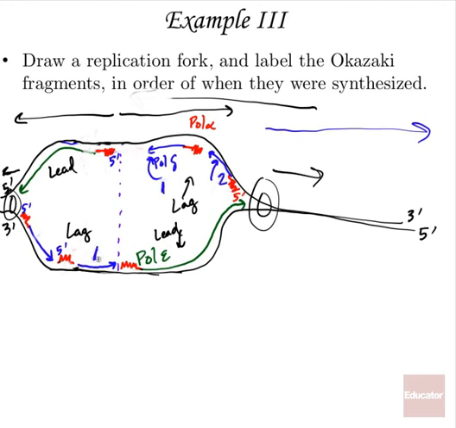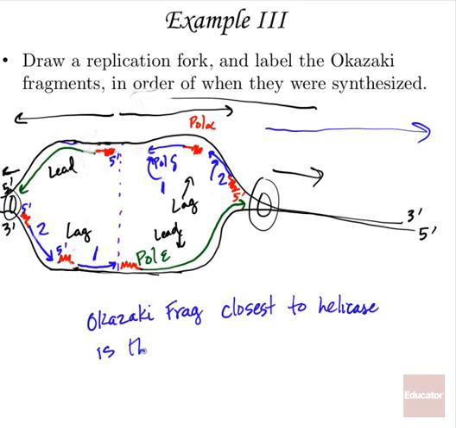This was the first one made, this was the second one made. But the one closest to the helicase is the newest. So the Okazaki fragment closest to the helicase is the newest. All right.